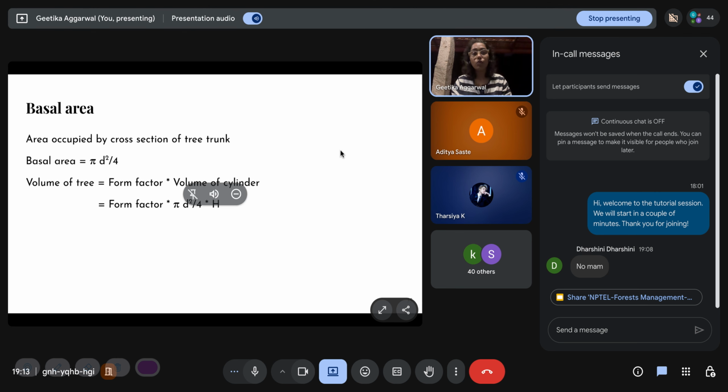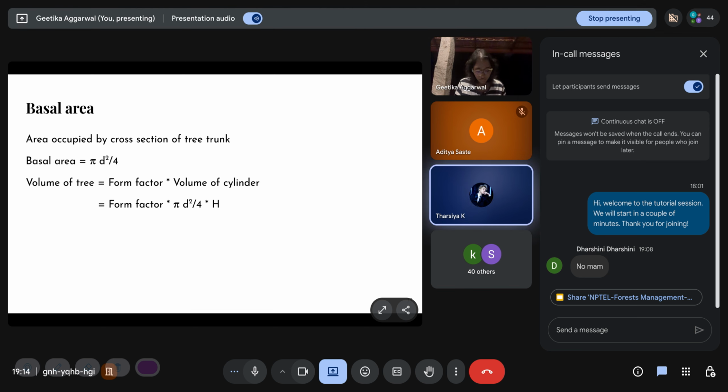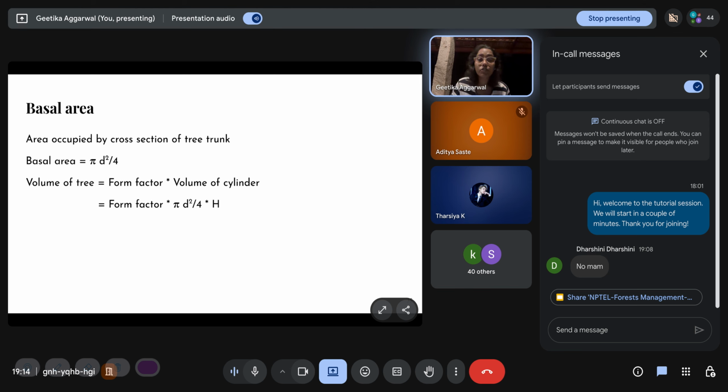Can anybody tell me what was form factor? There were two things, form factor and form quotient. Can anybody tell me what was form factor? Anyone? We discussed the shape of the tree. The shape of the tree is the form.